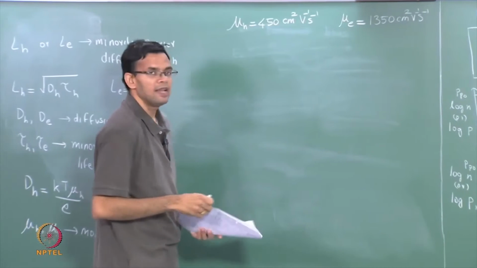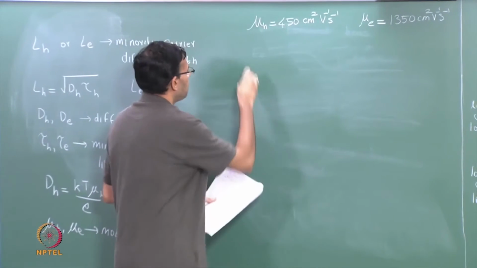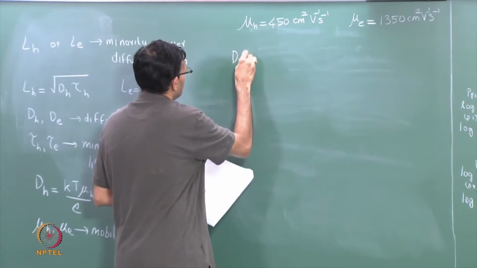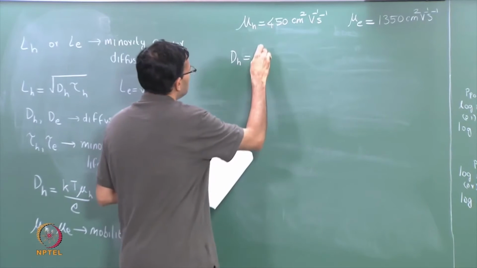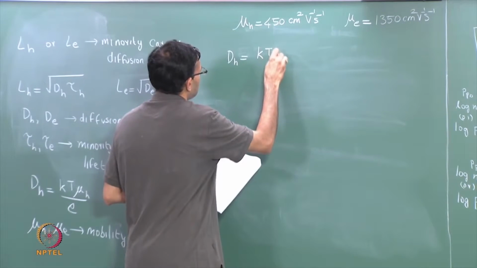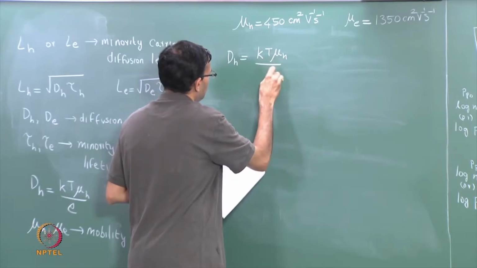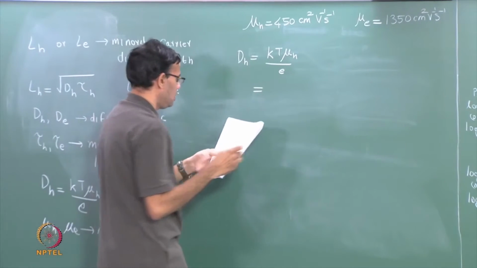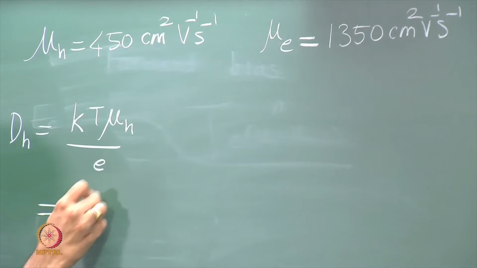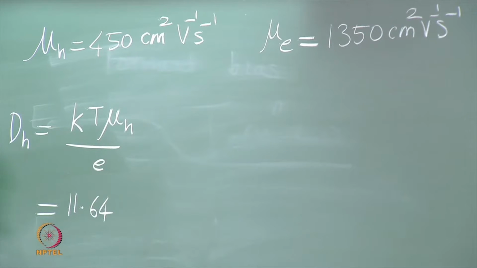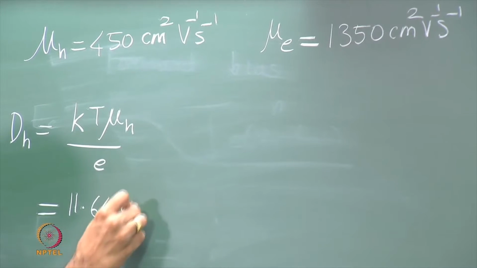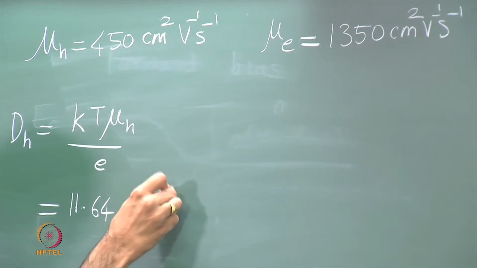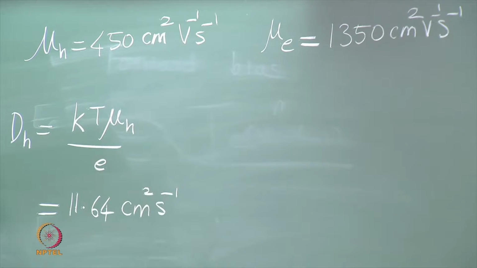So, then we can calculate the values for the diffusion coefficient. So, that D_H is kT mu_h over e. So, we can substitute the numbers, that gives you a diffusion coefficient of around 11.64 centimeter square per second.